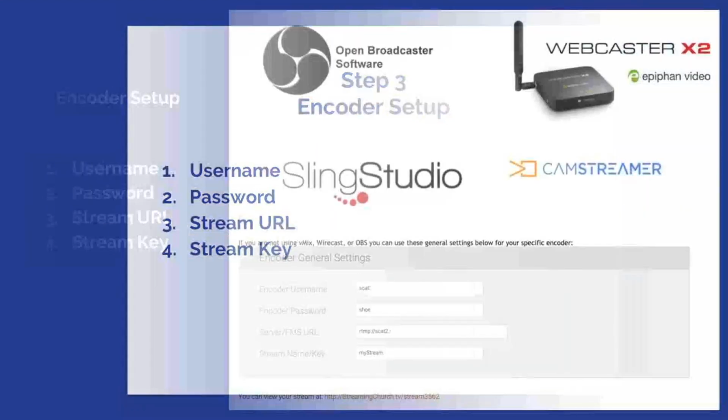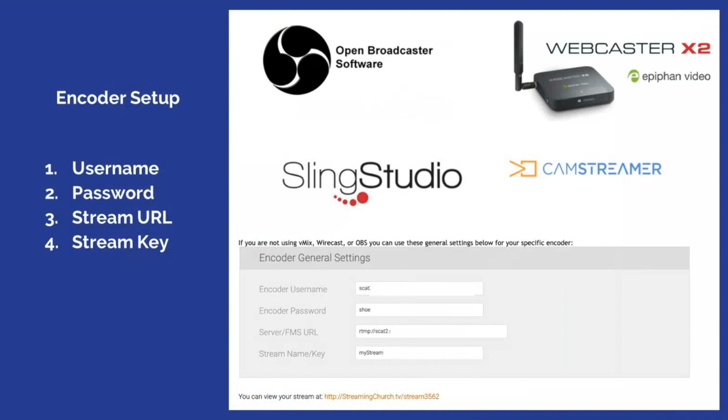And that's what you would put into your live encoder. And this is where you would actually get this. Again, this is on our streamingchurch.tv admin control panel. So you make a free trial, you'll log into your admin control panel, and you would go to setup and then encoder settings. And here's a little sample that Mike put together.